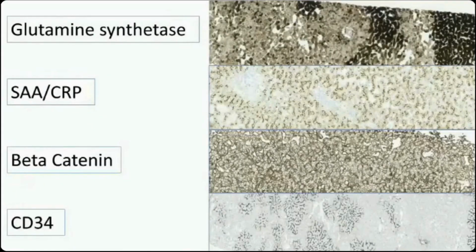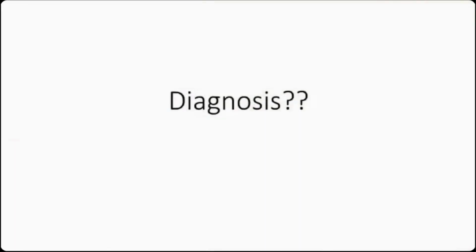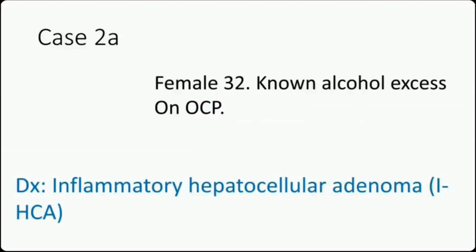Beta-catenin just shows membranous positivity, but no nuclear positivity. And CD34 is patchy. There's no diffuse capillarization of the sinusoids. Does anyone want to make a diagnosis on this one? Yes, exactly. Thank you. This is an inflammatory adenoma.